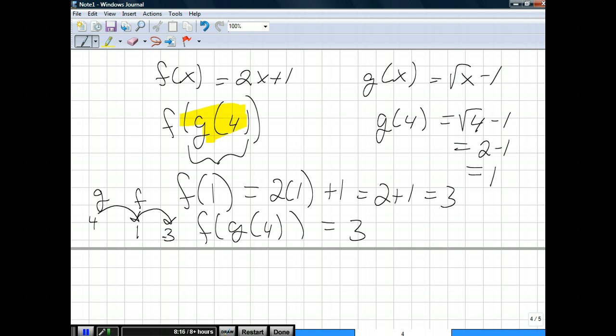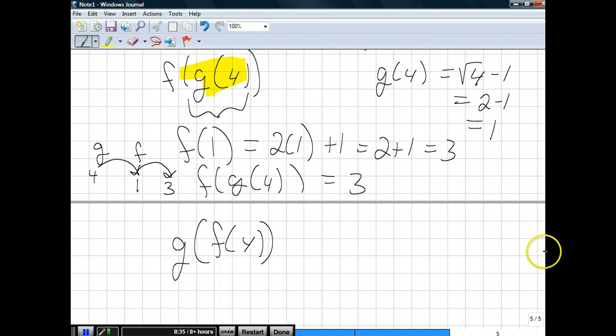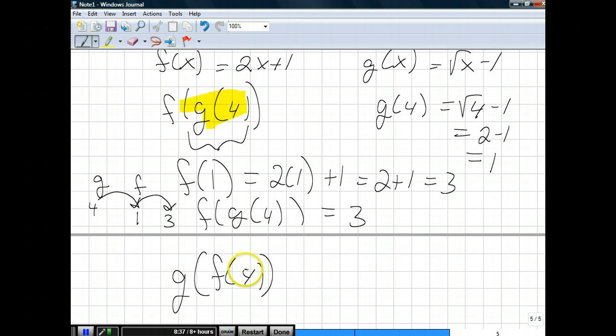So that's what's actually happening, right? So now let's do g of f of 4. And this is to show you that order matters. So notice in the previous example we did f of g of 4, and remember our f function was 2x plus 1. So we start here and we do the f function.